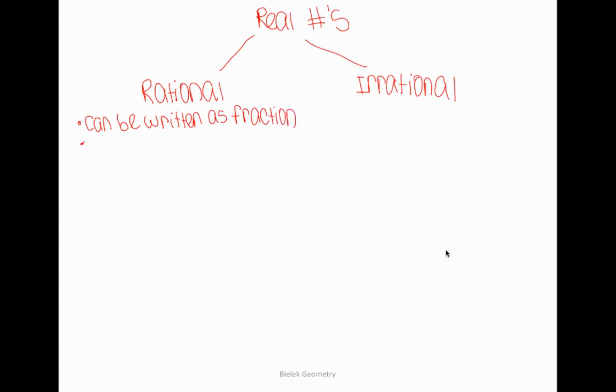It's a decimal that ends or repeats. Irrational is a decimal that goes on forever.